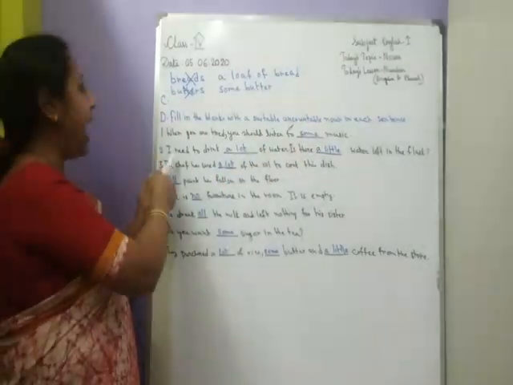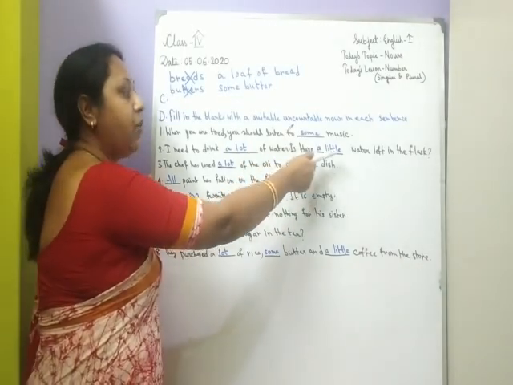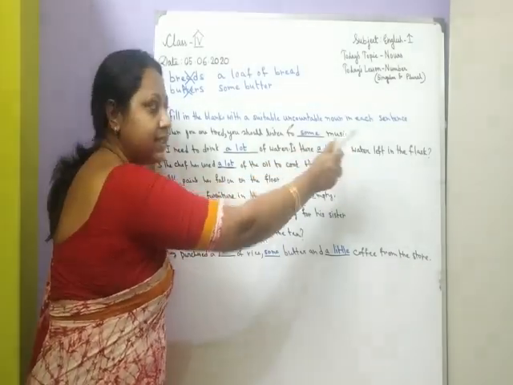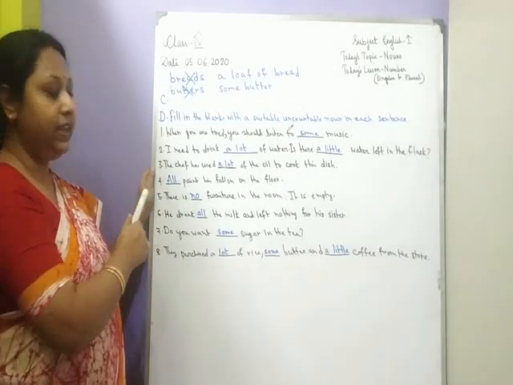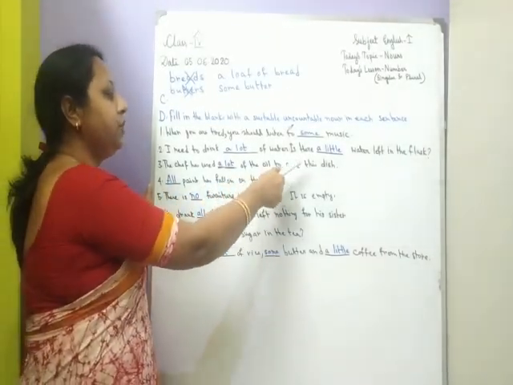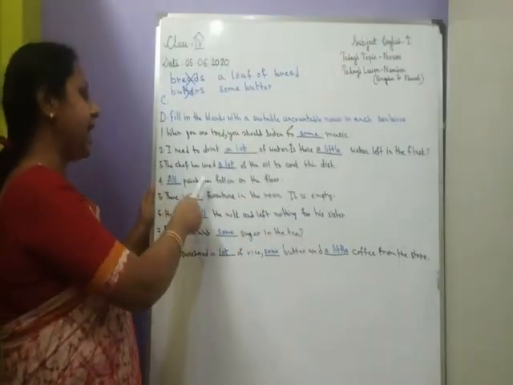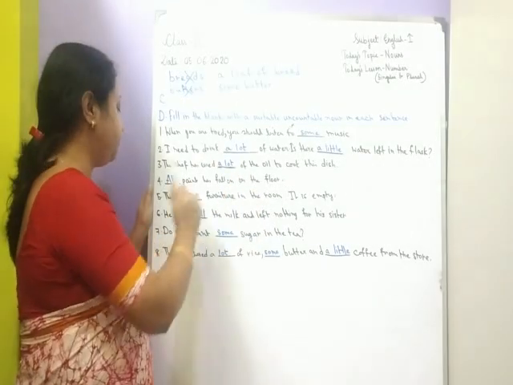Number 2. I need to drink a lot of water. Is there a little water left in the flask? Number 3. The chef has used a lot of the oil to cook this dish. Number 4. All paint has fallen on the floor.